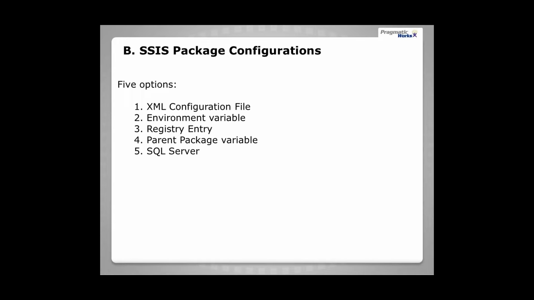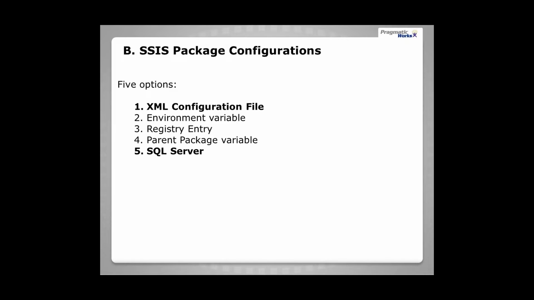Now, out of these 5, what you commonly see out there are the XML configuration file and the SQL Server store. That's because they scale a little bit better and they're a lot simpler to implement than the other ones. Environment variables, I've seen a couple of implementations, but that requires system admin rights and it's not favored by DBAs sometimes.